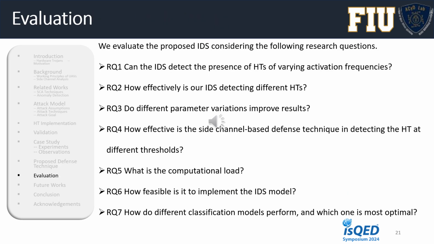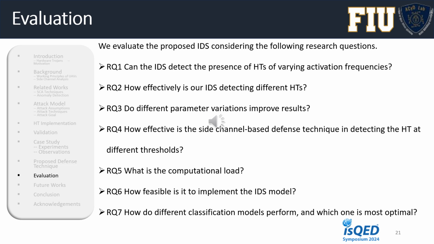As part of our evaluation, we have the proposed research questions. So our first research question is, can the IDS detect the presence of hardware Trojans of varying activation frequencies? So instead of 1/16 of a time, maybe 1/32 of a time or 1/48 of a time. Our second research question is, how effectively is our IDS detecting different hardware Trojans? Third question is, do different parameter variations improve results?